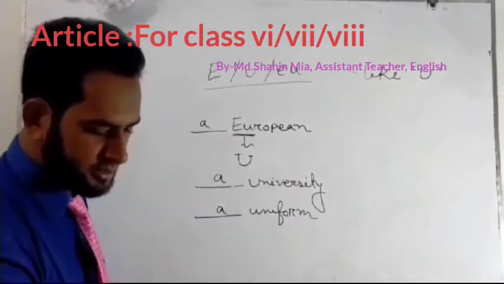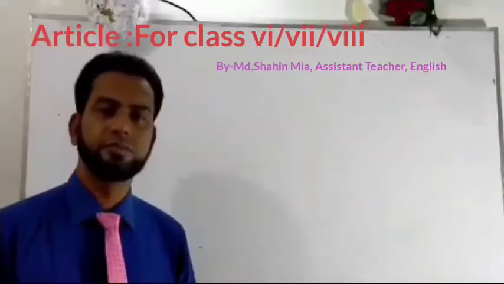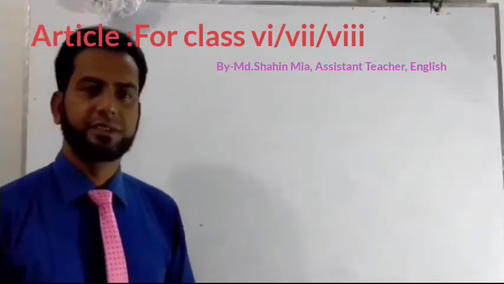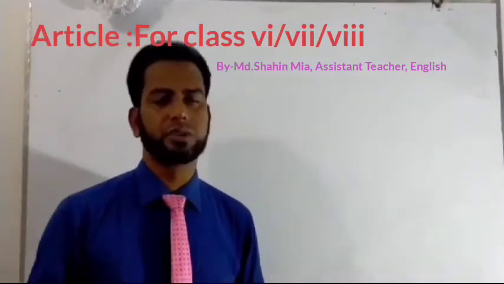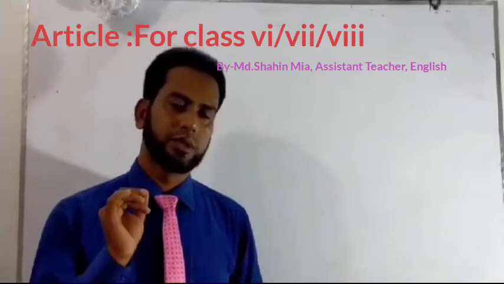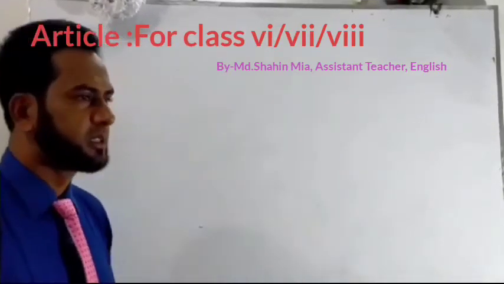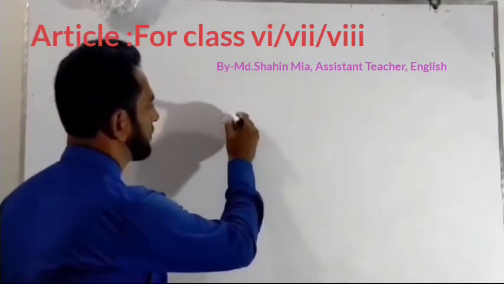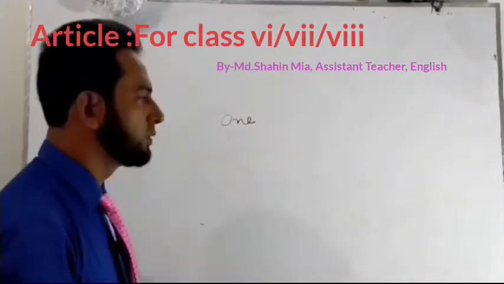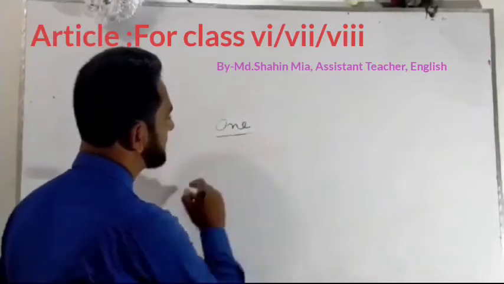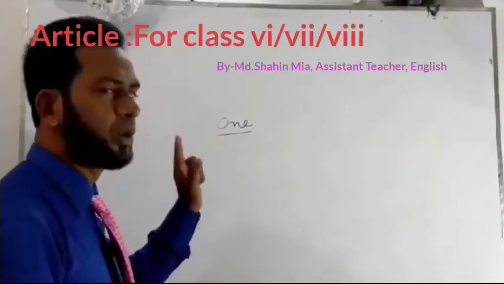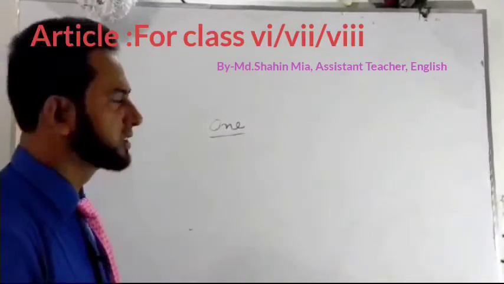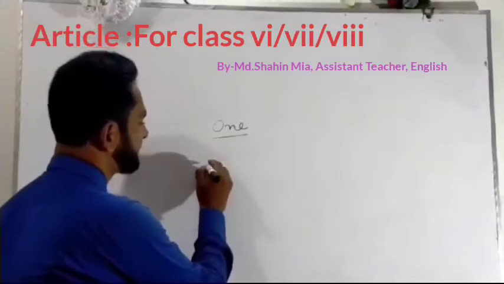Dear learners, if we get a vowel letter O at the beginning of any word, that is, if we get the word one, O-N-E, the pronunciation is one. Only one word and it is one. Before the word one, we must use a.